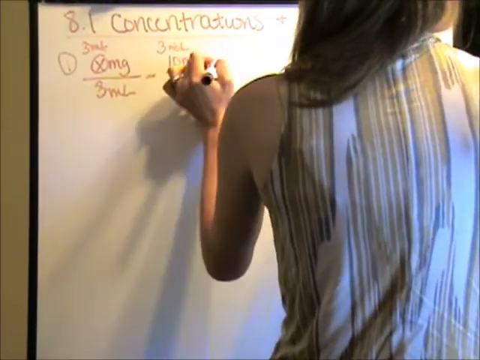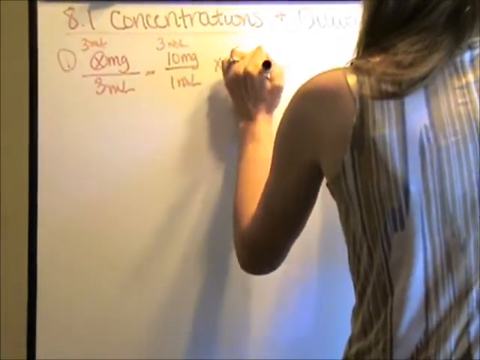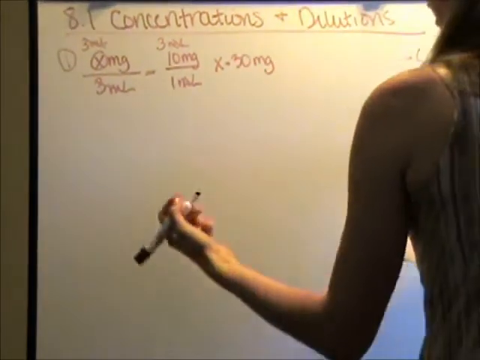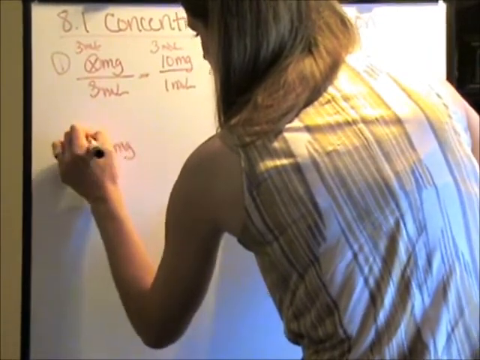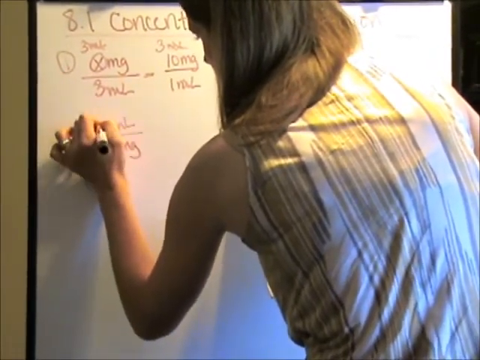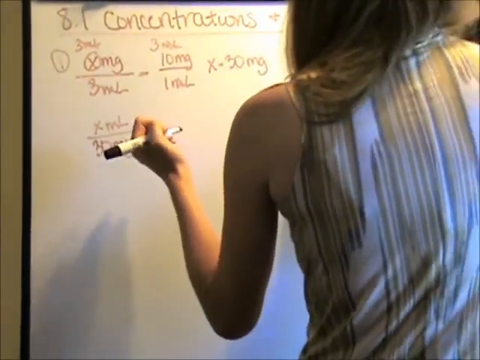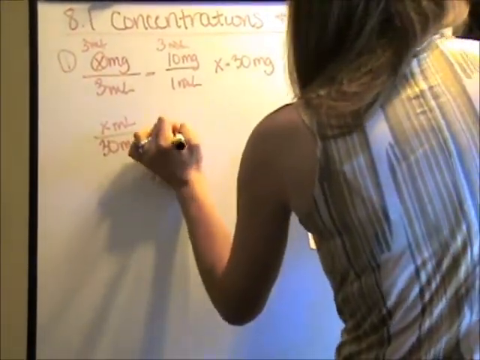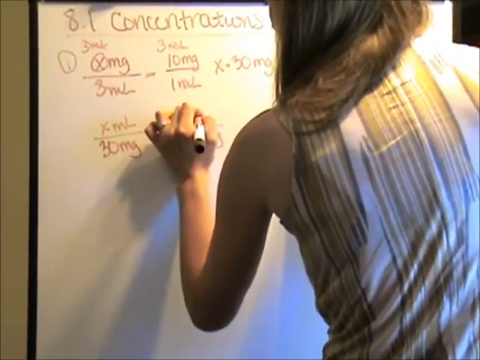So 30 divided by 1, X is going to equal 30 milligrams. So now that we know how many milligrams we need, we can solve for milliliters. So that's going to be our next proportion. And we know that the stock solution comes 65 milligrams per 1 mil.